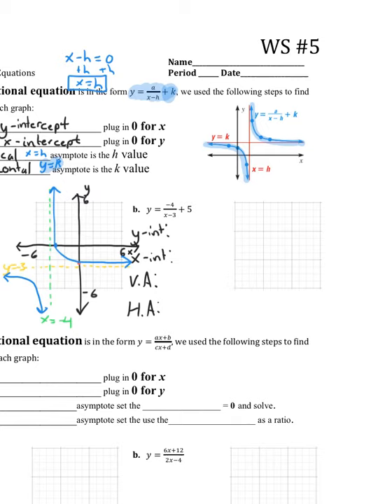All right. For part B, I'm just going to write down what the intercepts are real quickly. So the y-intercept, we should have 0, 6.3, but we need to be able to show algebraically that that's 19 thirds.